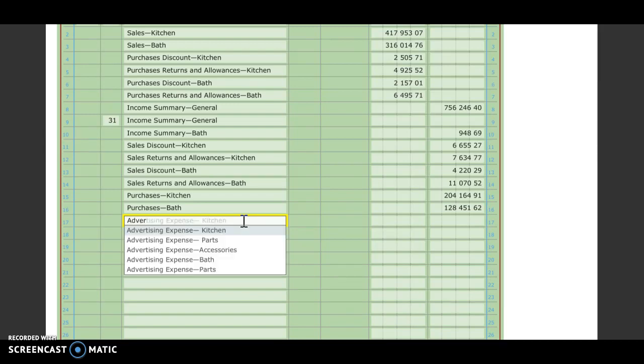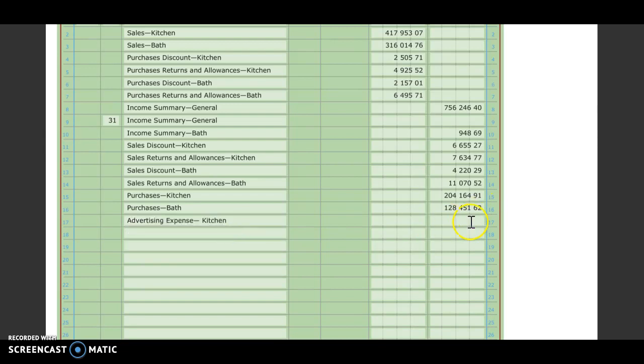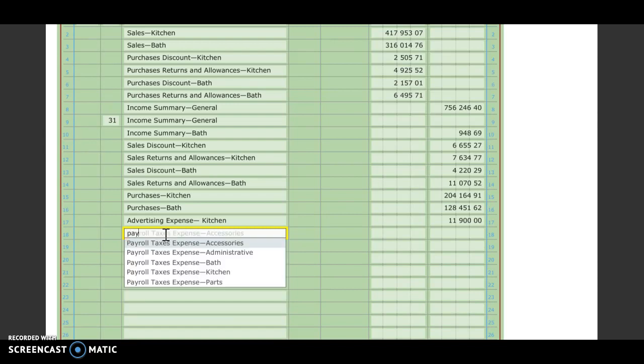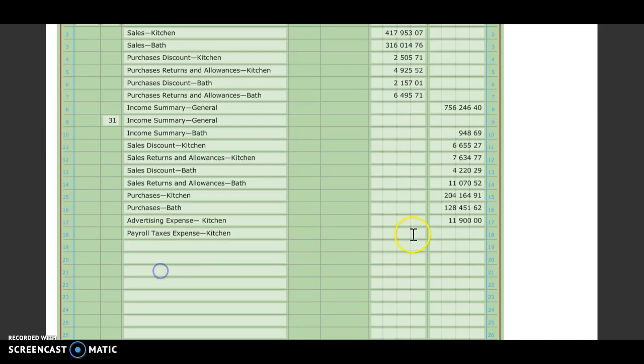Next, advertising expense kitchen, $11,900. I'm going to be having all of my expense accounts now. Payroll taxes expense kitchen, $5,193.25.